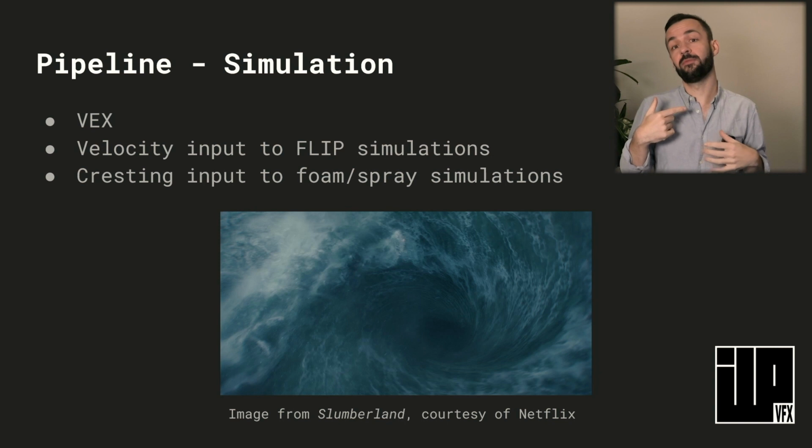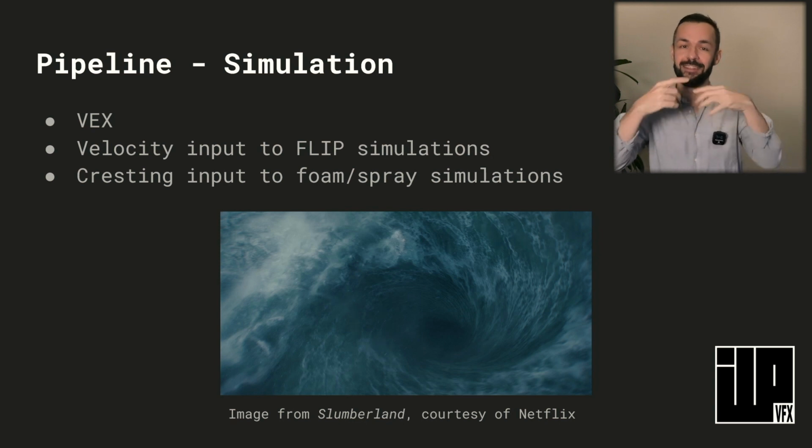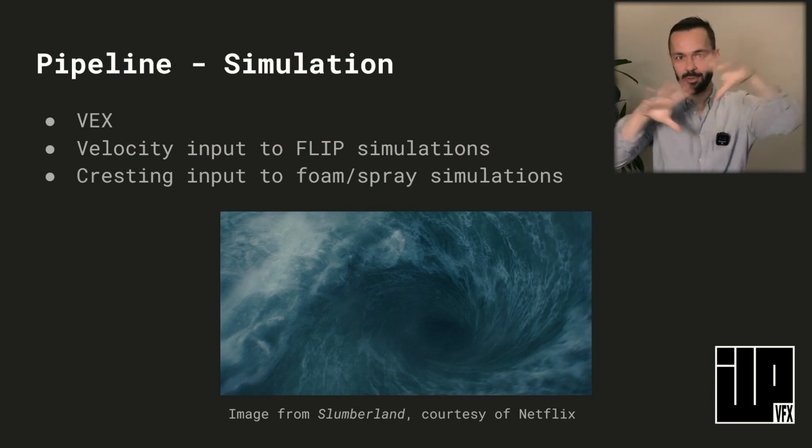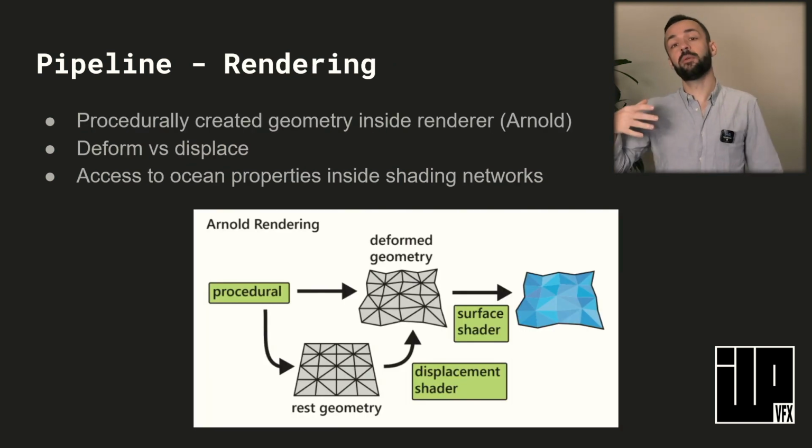This is very nice because as waves break, air and water mixes, and that's where you get bubbles and spray, and then you can generate those interesting effects that separate VFX water from games water or other simpler approaches.